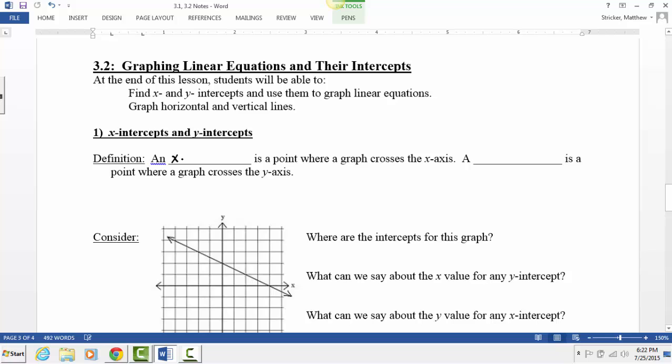An x-intercept is a point where a graph crosses the x-axis, and likewise a y-intercept is a point where a graph crosses the y-axis.